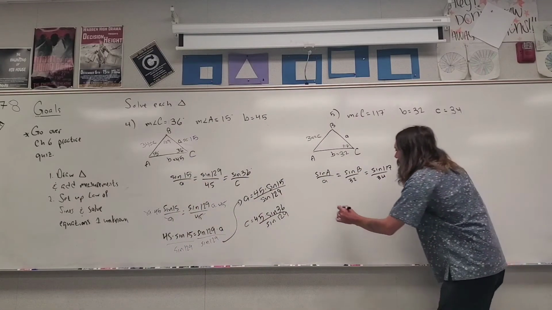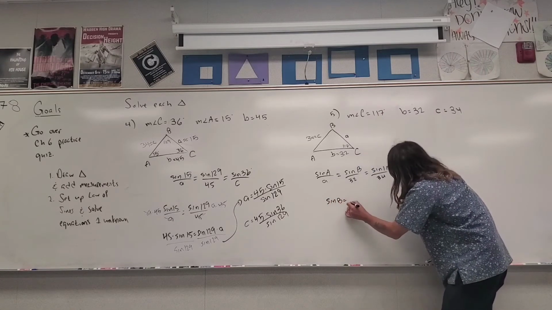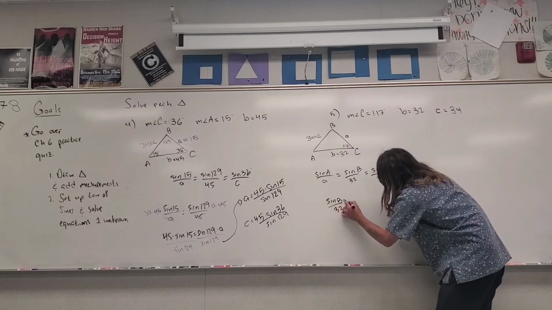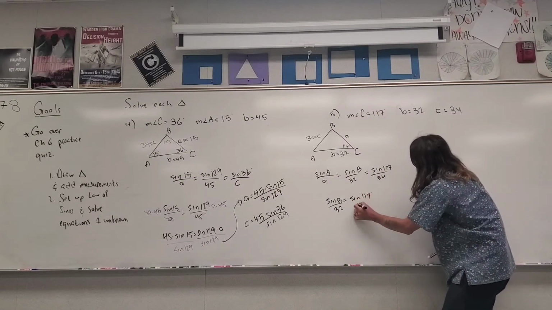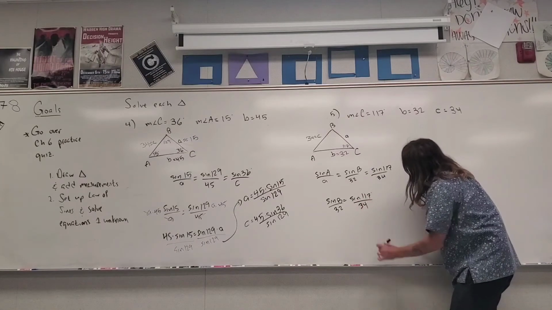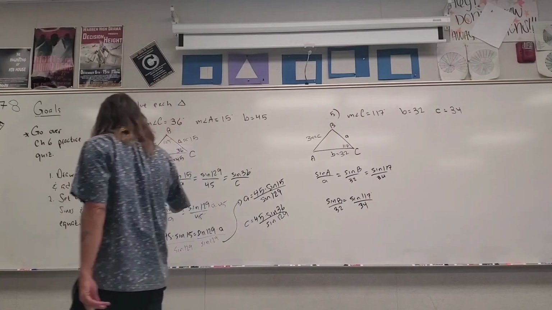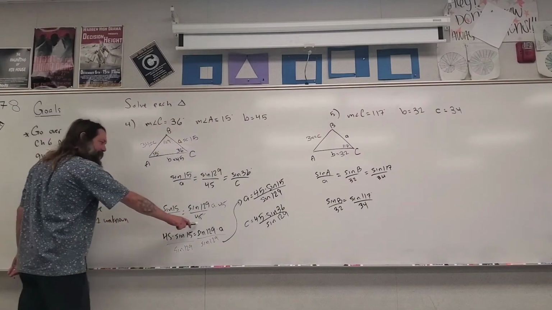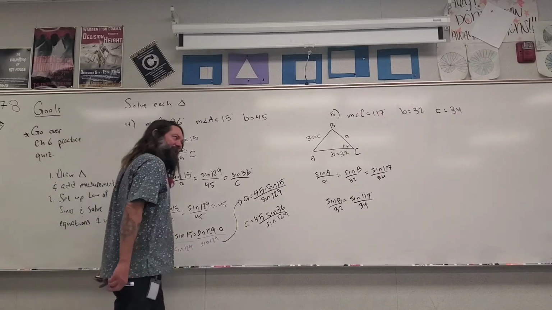So sine of B divided by 32 is sine of 117 divided by 34. Now in the previous problem, what I did was I multiplied everyone by the denominator terms to get rid of the fractions, but I don't need to do that in this one.